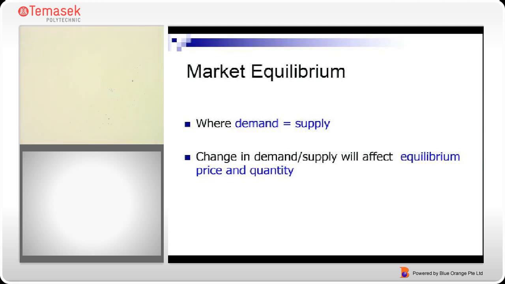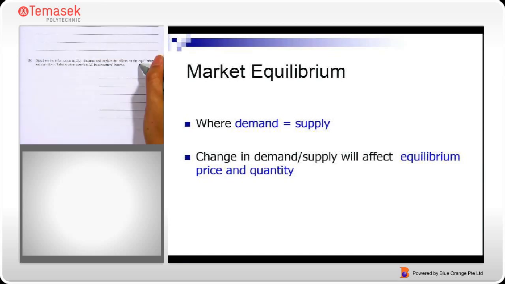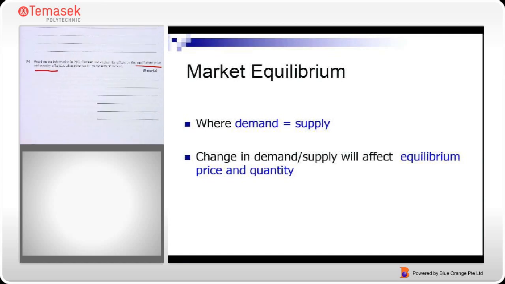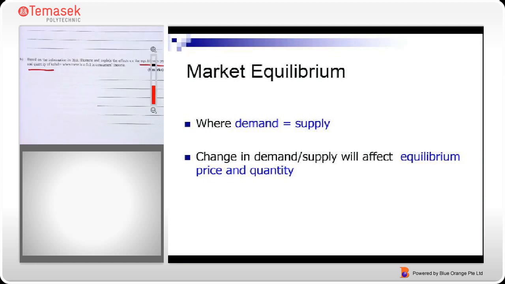The clue to answering such questions is when the question asks for what are the effects on the equilibrium price and quantity. So if you see the words equilibrium price and quantity, then this is a clue that you should be drawing a demand supply diagram.